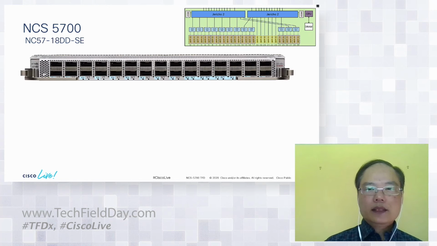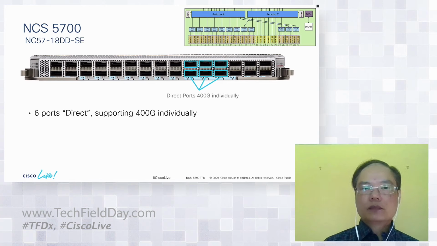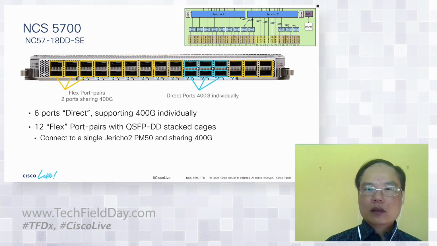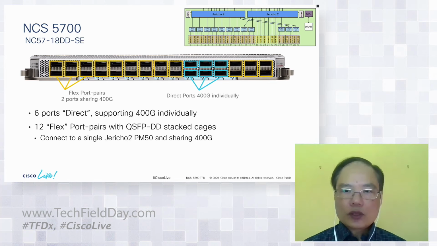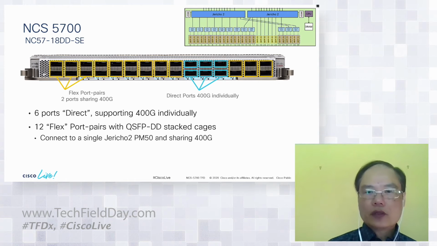On the 18DD LAN card, 6 QSFP-DD ports are connected directly to the Jericho II NPU, supporting 400 gig bandwidth individually. And then 12 flex port pairs, each with QSFP-DD stacked cages, are connected to a single Jericho II PM50 and sharing 400 gig.